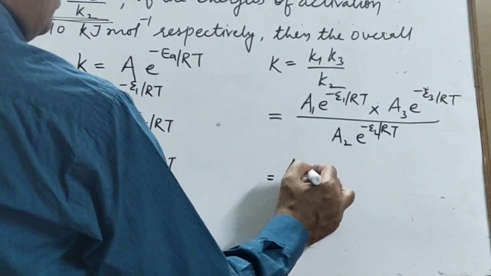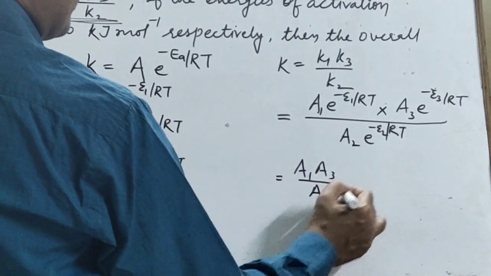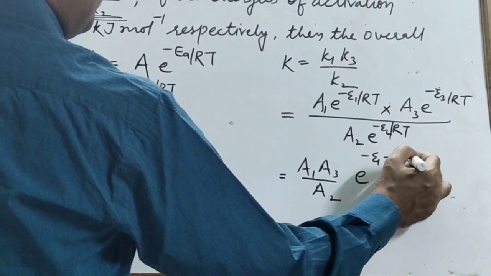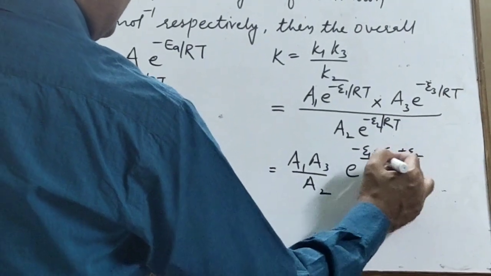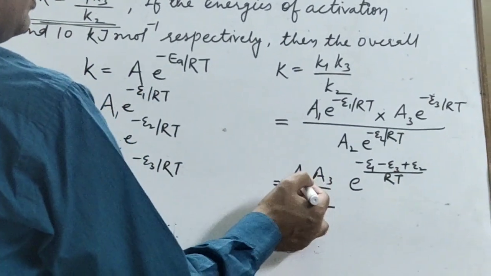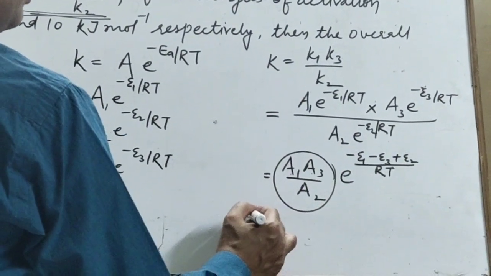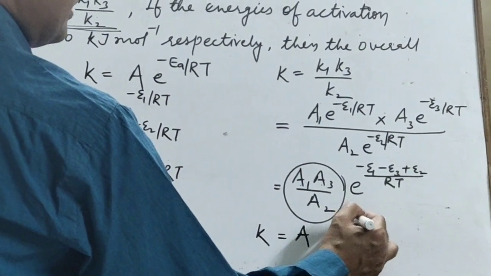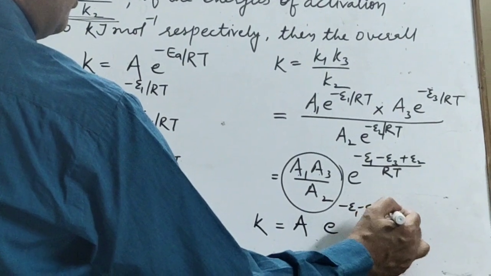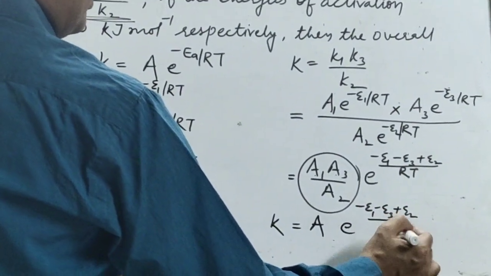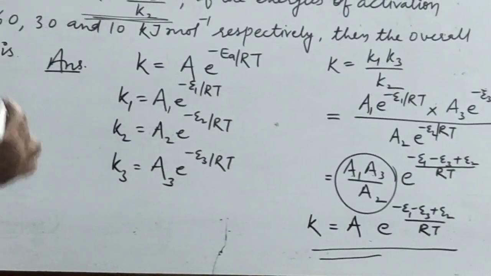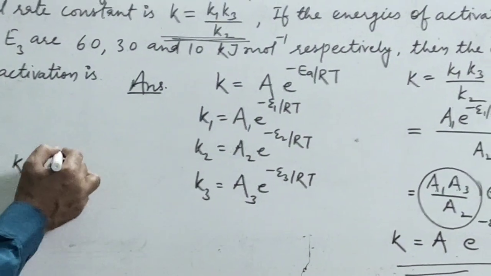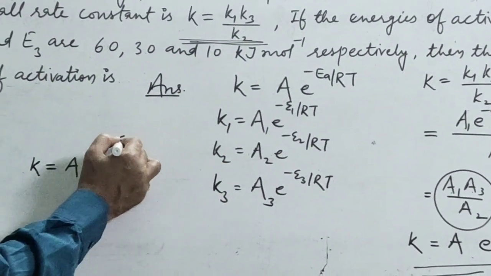So A1 into A3 upon A2 into e raised to power minus E1 minus E3 plus E2 upon RT, where A1 A3 upon A2 can be said as the overall constant A, into e raised to power minus E1 minus E3 plus E2 upon RT. If the overall energy of activation is E, then the equation can be written as K is equal to A into e raised to power minus E upon RT.